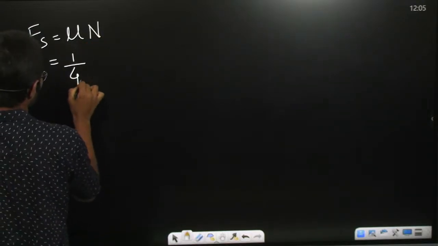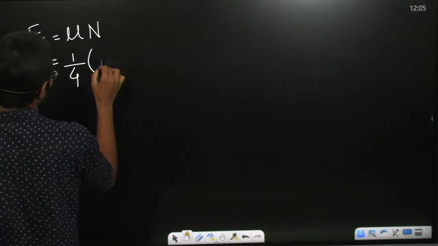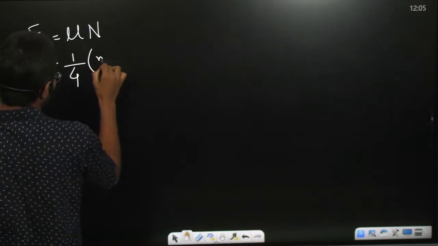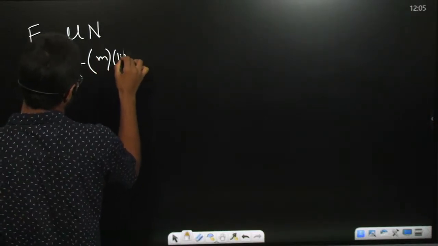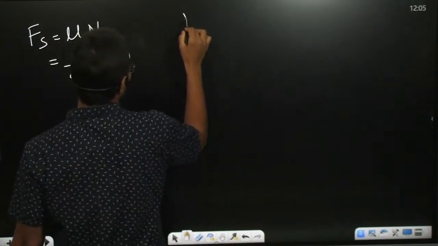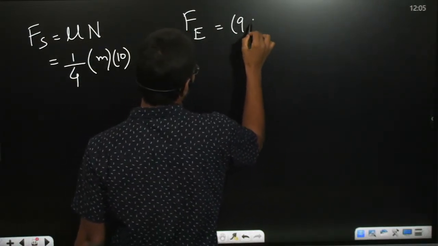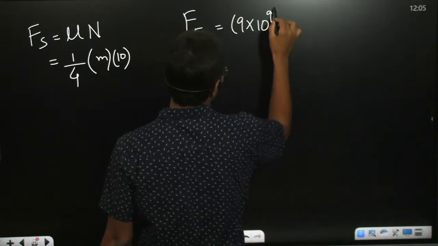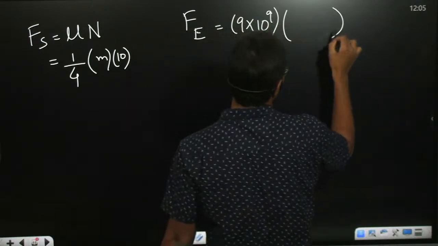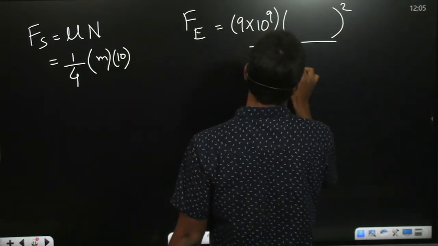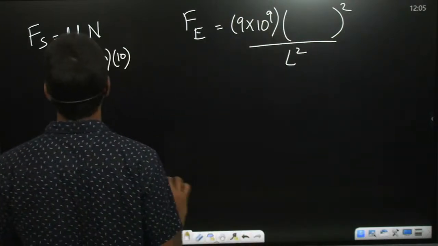It is 0.25 given, N is mg, m into 10. What is Fe, the electrostatic force? K, 9 into 10 power 9, K Q1 Q2 by L square. Let's try to equate them.